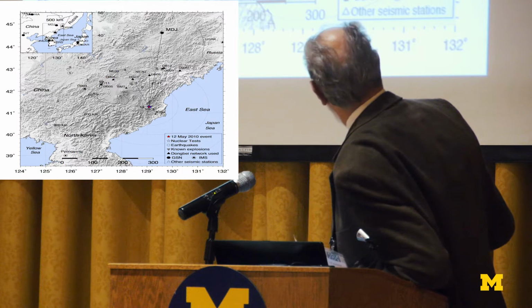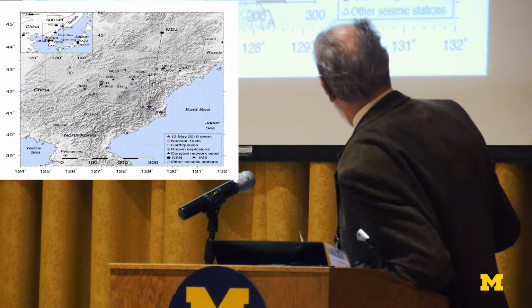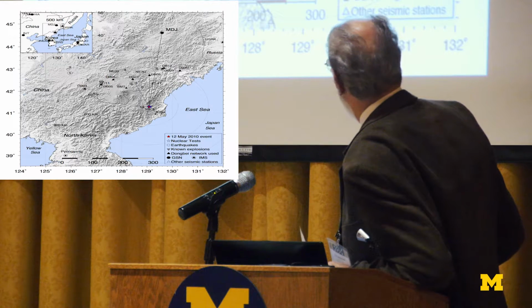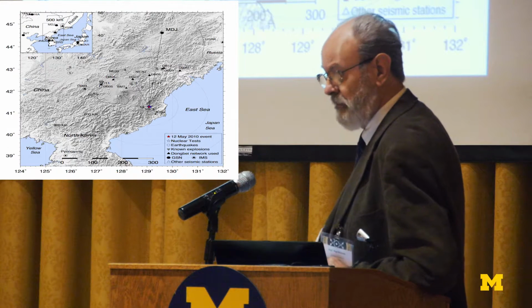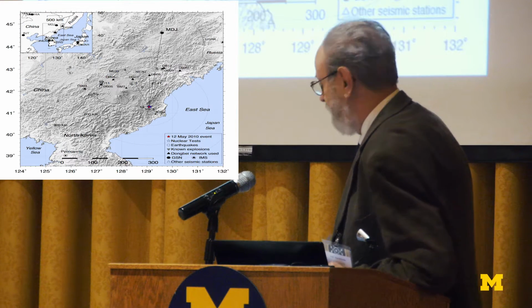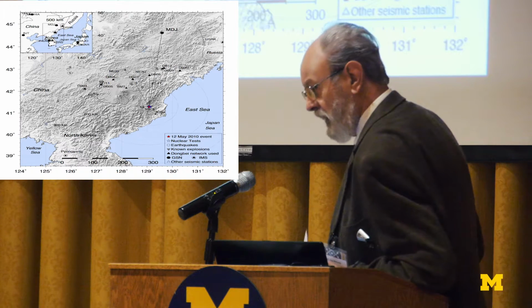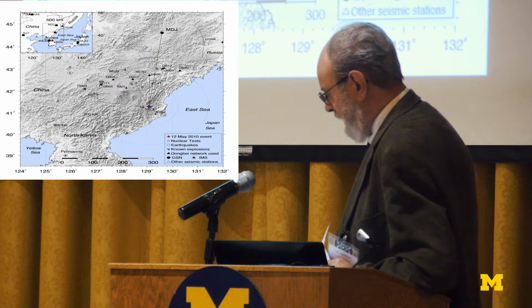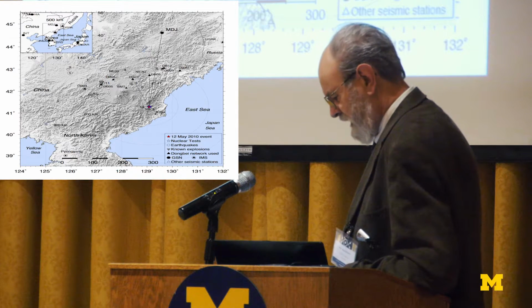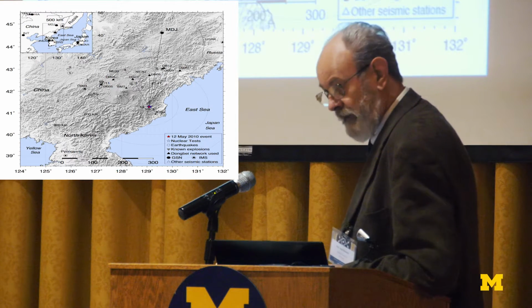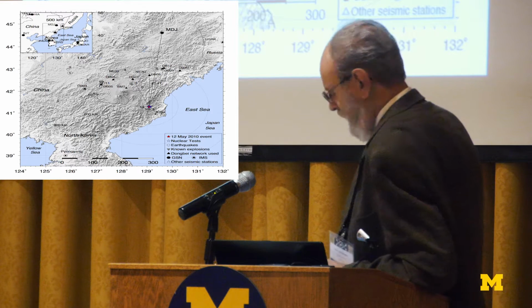The International Monitoring System has its stations in Russia, in South Korea, in Japan, hundreds of additional stations in Japan operated for purposes of study of earthquakes, and in China, as I'll be describing, there have been a number of temporary stations providing data to Western scientists, and more than 1,000 internal stations.